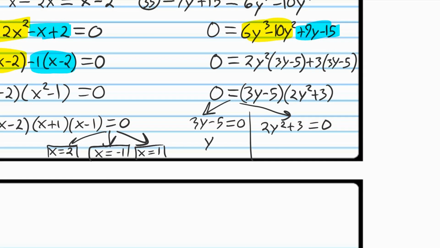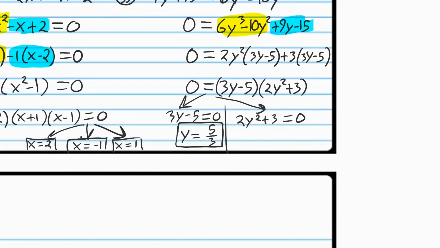So this down here is going to lead to 5/3 as a solution. But over here, if we isolate the square, we're going to end up with -3/2. And a squared number cannot be equal to a negative.